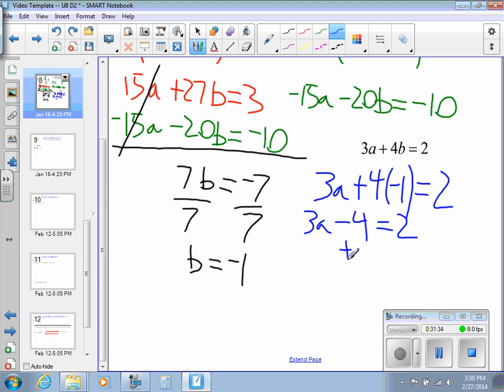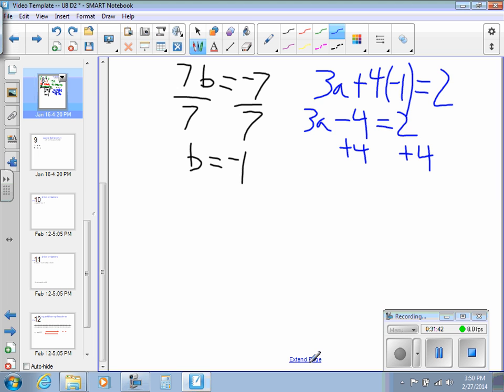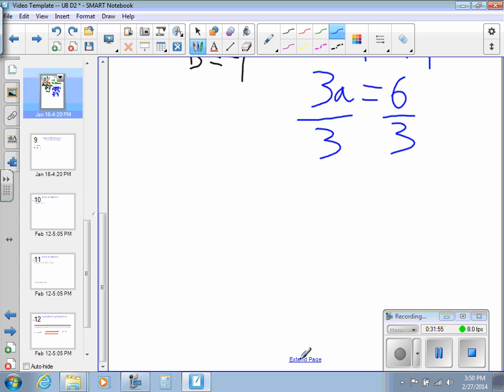I can add 4 to both sides of the equation of the equal sign. And when I do this, I'll end up with 3A equals 6. Divide both sides by 3. And A equals 2.